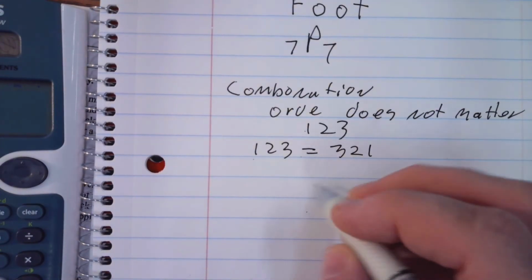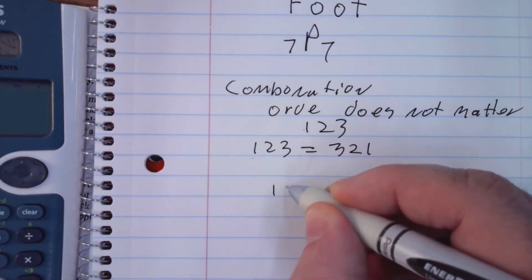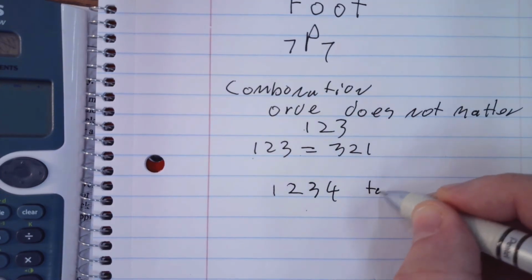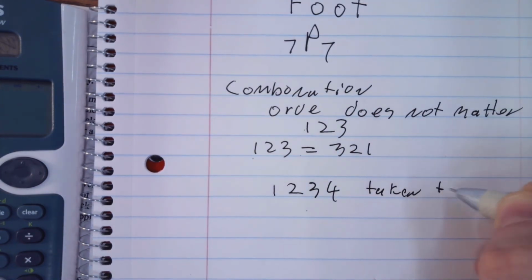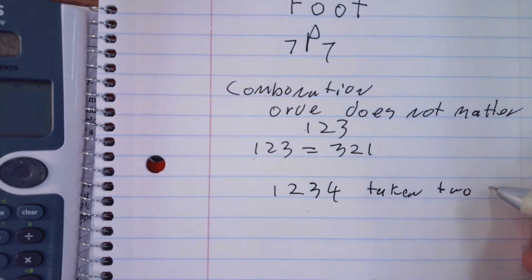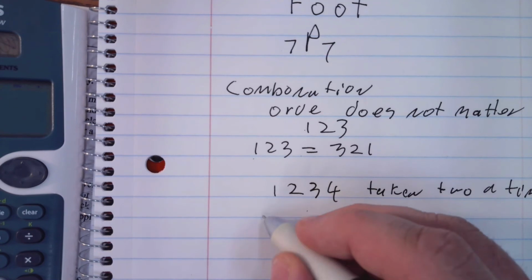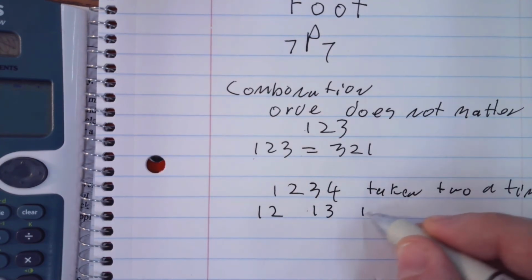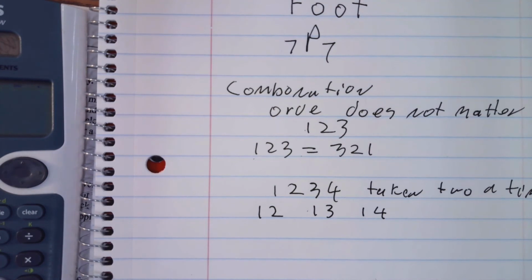So I'm going to give you another one. We're going to do 1, 2, 3, 4, taking 2 at a time. Let's see how many combinations we got. We probably have 1, 2, 1, 3, and 1, 4. What else do I got?